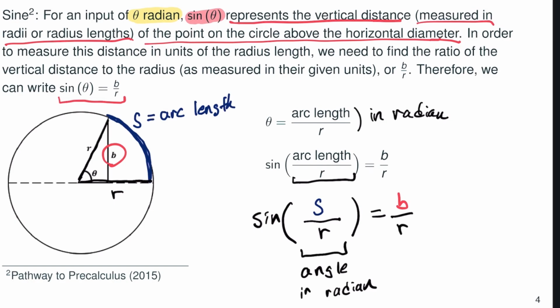So how many times radius length can go into this vertical length? So that's what sine function is. And this is one of the reasons why the angle in radian is so important, because it relates arc length over r to b over r. So sine essentially relates the angle in radian with the vertical distance, measured in radius length, of the terminal ray.